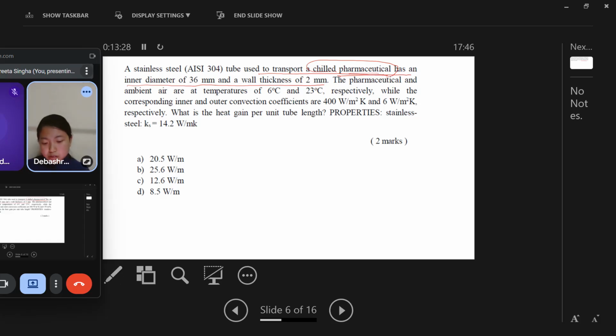It is used to transport, maybe for chilling purposes, for heating purposes. So all this is an example of heat transfer in industry. This is the diameter, 36 millimeter, and a wall thickness of 2 millimeter.